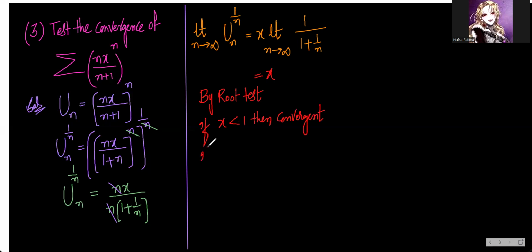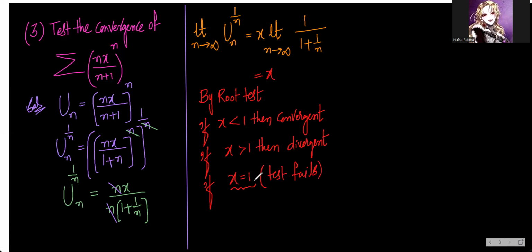Second point: if x is greater than 1, then divergent. And here we have a third point, which is also important. If x is equal to 1, then the test fails. Test fail means what happened when x is equal to 1? That scenario we have to see.